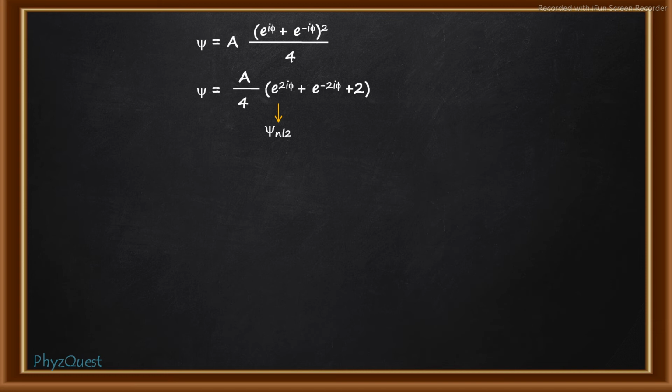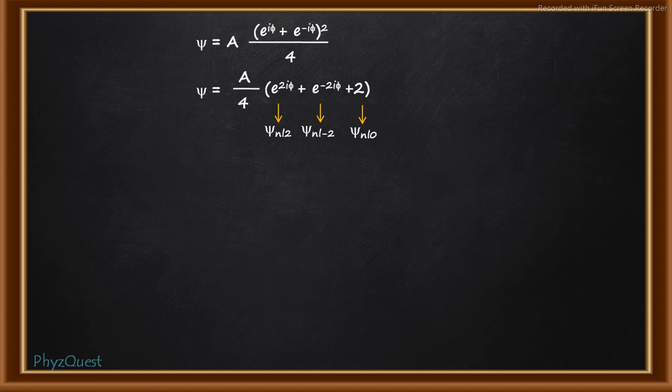We don't know the values of n and l, only m. For the second term, m is minus 2, so the wave function is psi n l minus 2. The last term is 2, that is 2 e to the power 0, so m is equal to 0, and the wave function is psi n l 0. So these are the three possible wave functions.